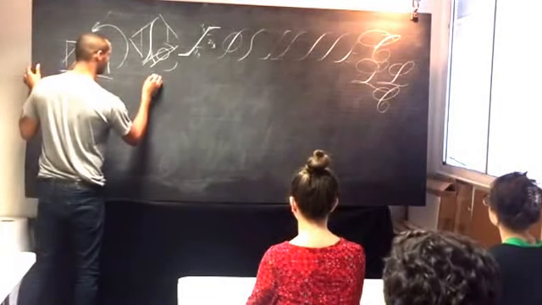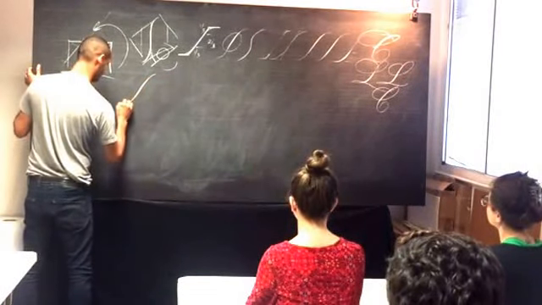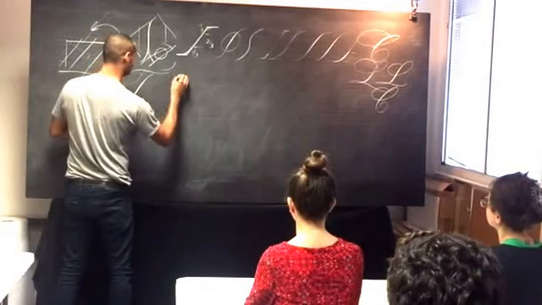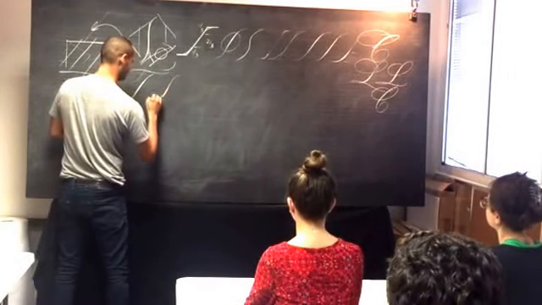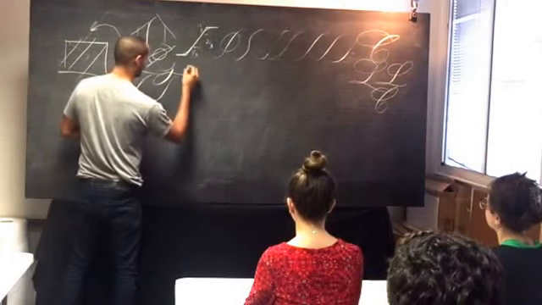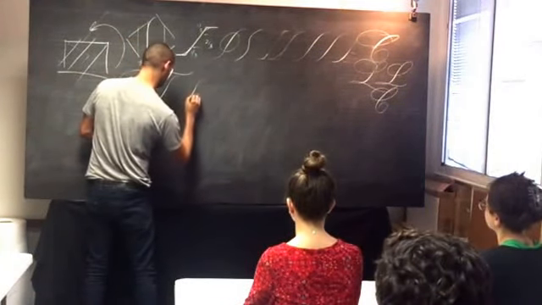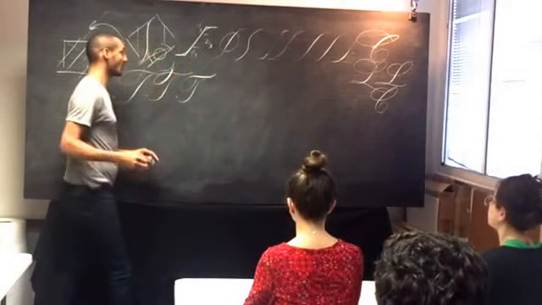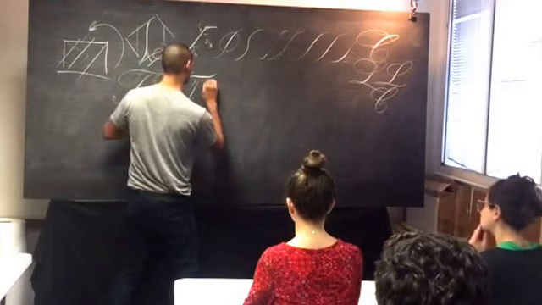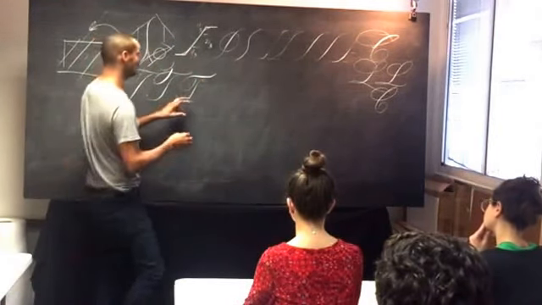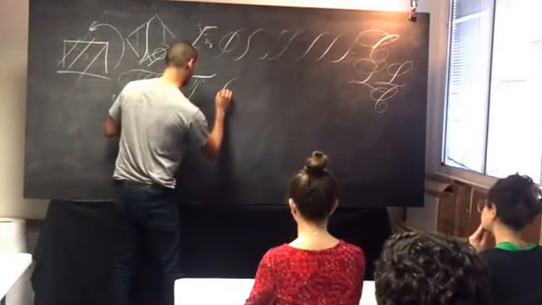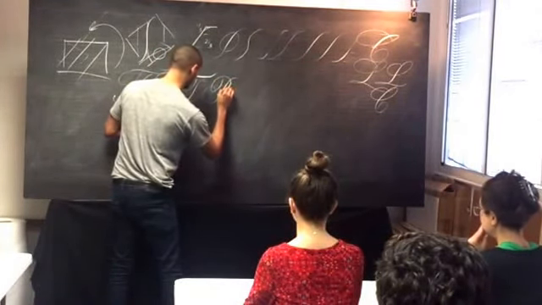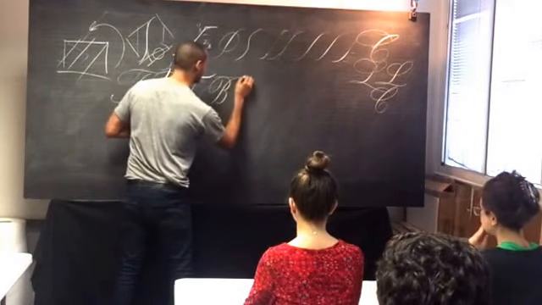Alice, you need to work on this T, this T, or this T. Remember, with the T or the F, if you have a B, that's the highest point.